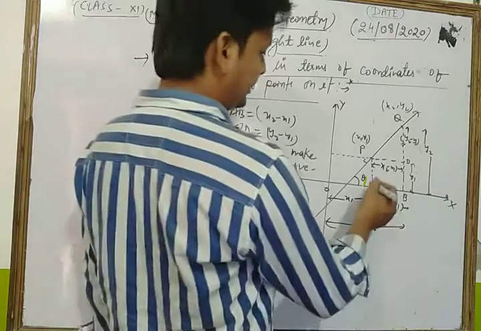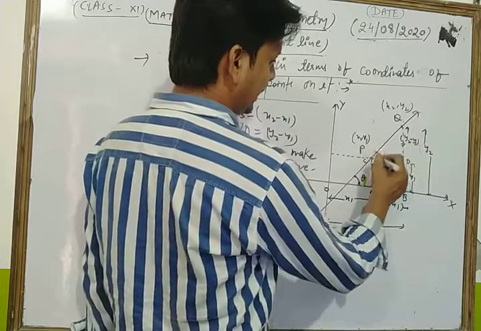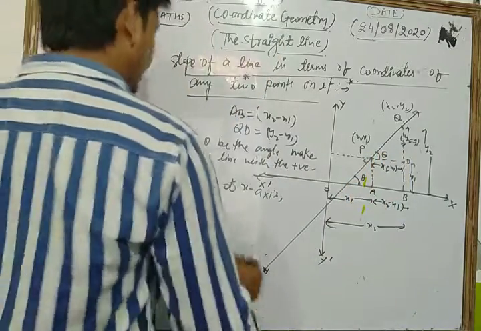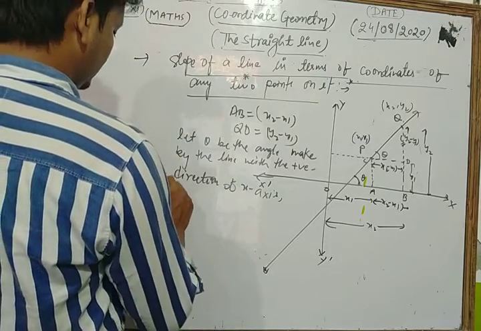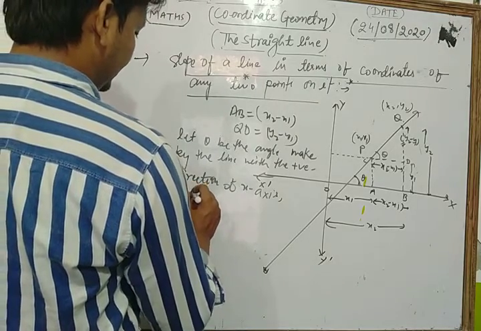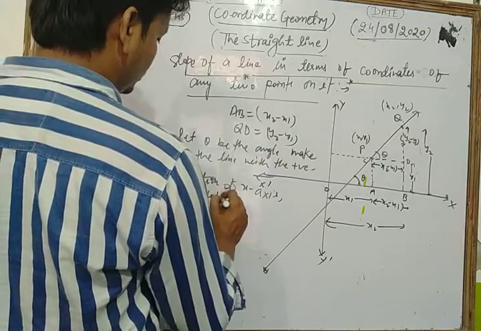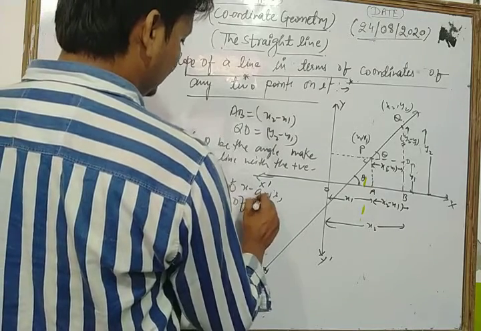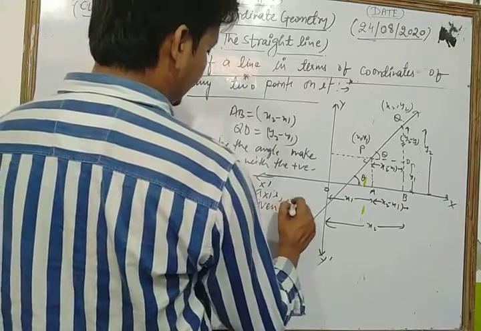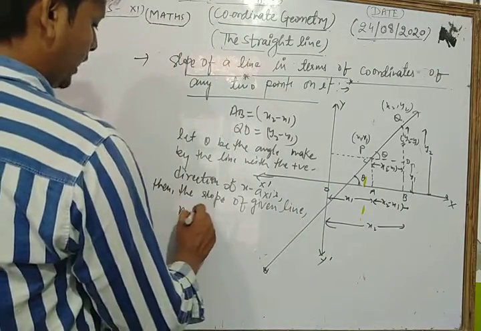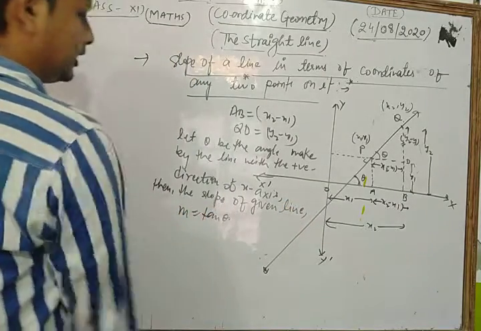Again from the figure, this angle is also equal to theta. Then the slope of the given line is m is equal to tan theta.